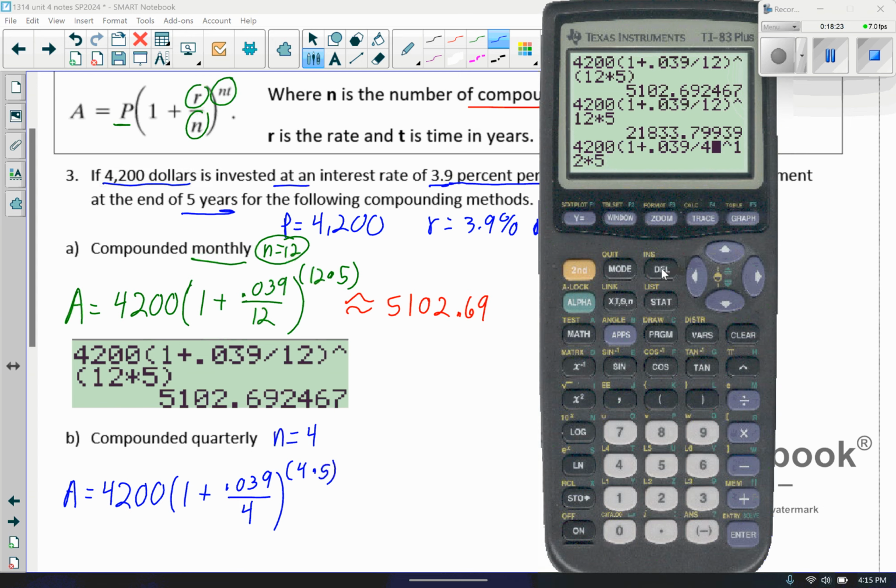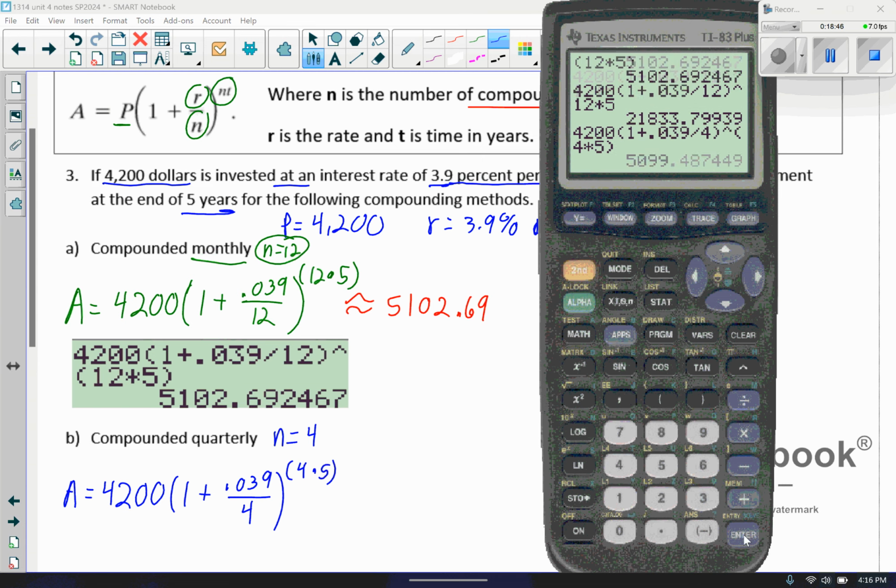So I'll press delete. So right there, 4,200 times 1 plus 0.039 divided by 4, and then raised to the power of, I do need to put that parentheses because if I don't, it won't read it correctly. So 4 times 5, and then close it. And just double check everything. It looks good to me. I think I'm ready to press enter.